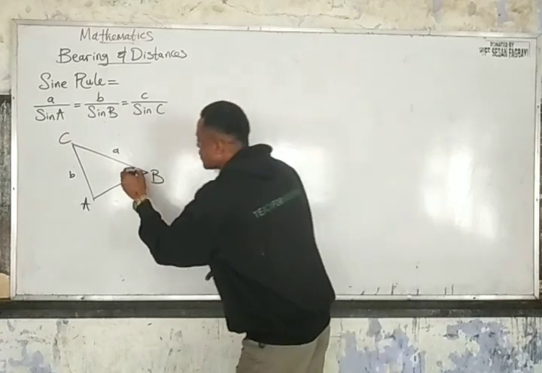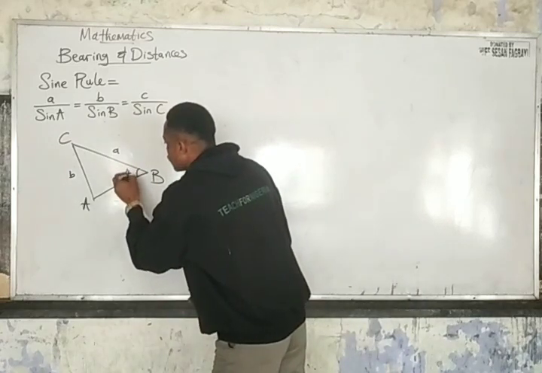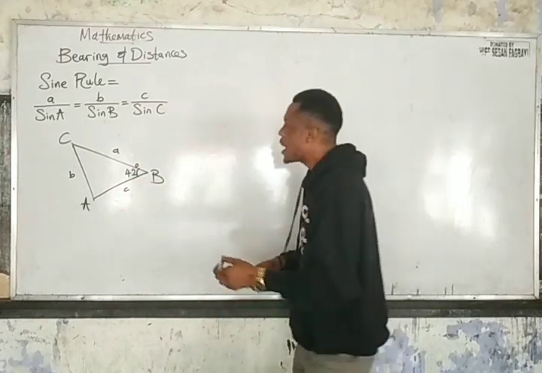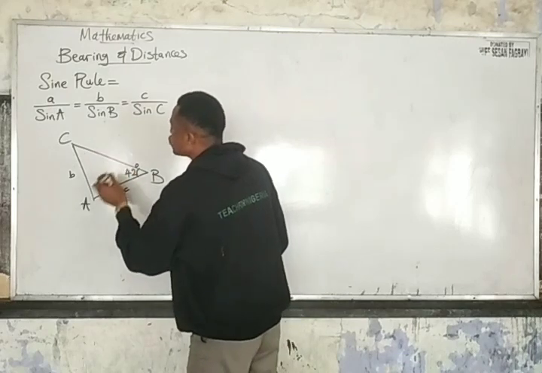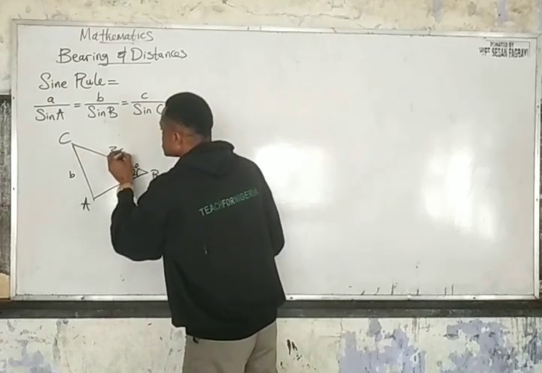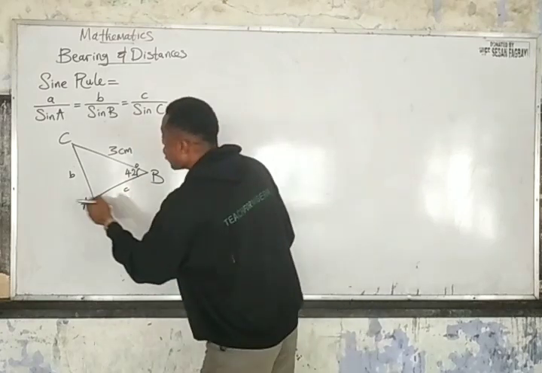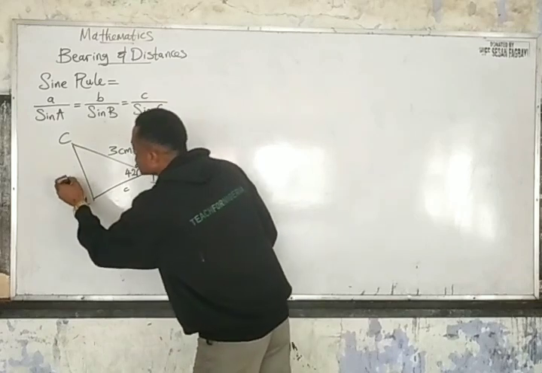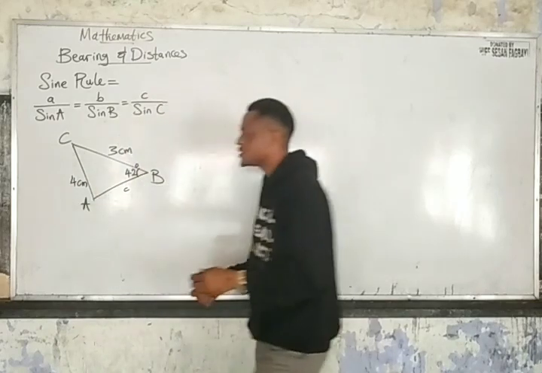We can assume that the angle B is 42 degrees, an assumed value. At the same time, maybe a is given to be 3 centimeters. Perhaps we are also given b to be something like 4 centimeters.